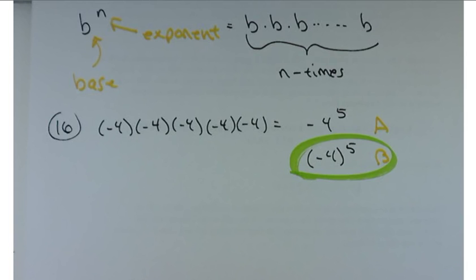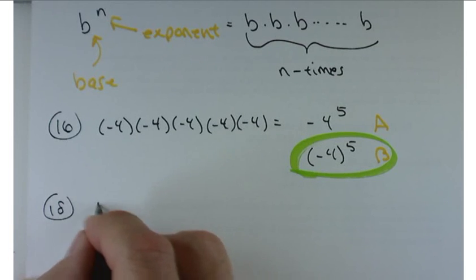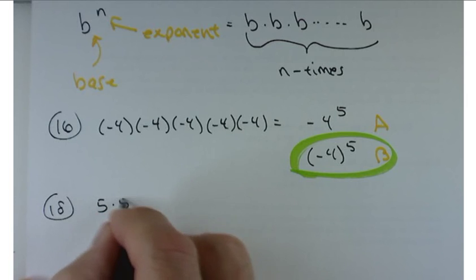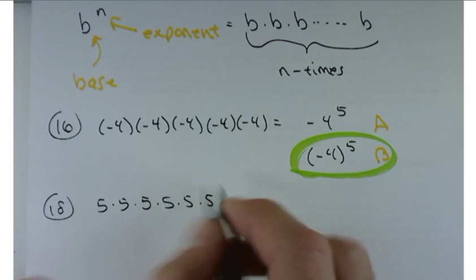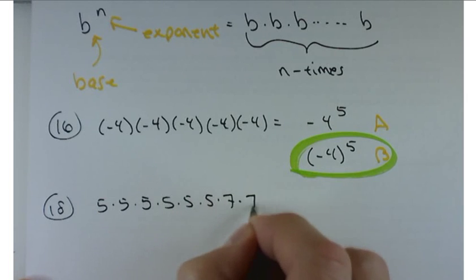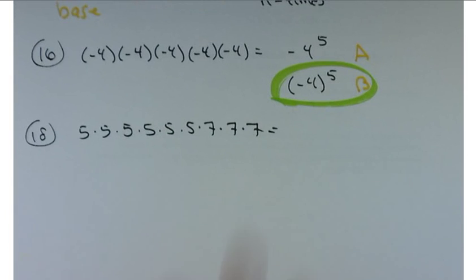Another one kind of like that, problem number 18. 5 times 5 times 5 times 5 times 5 times 5 times 7 times 7 times 7. So again, the goal is to write this using exponents.